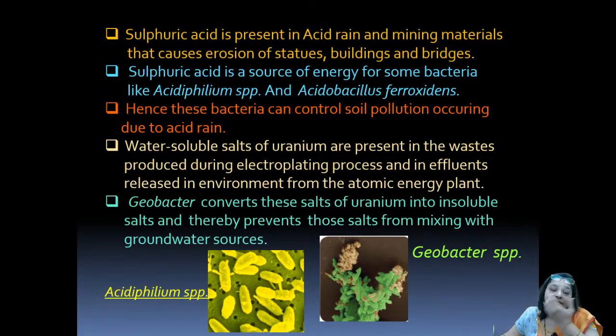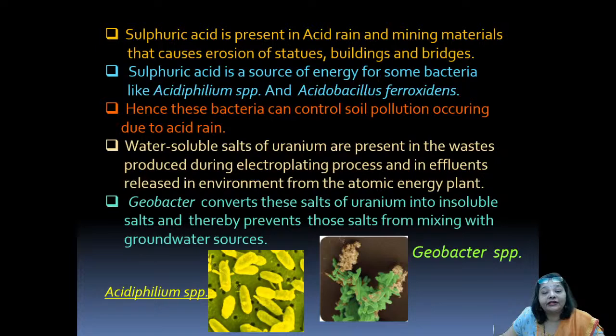The sulfuric acid, which is present in the acid rain and the mining materials, actually causes erosion of large statues, buildings and bridges also. This sulfuric acid is a source of energy, okay, for certain bacteria like the Acidophilium species and Acidithiobacillus ferrooxidans.